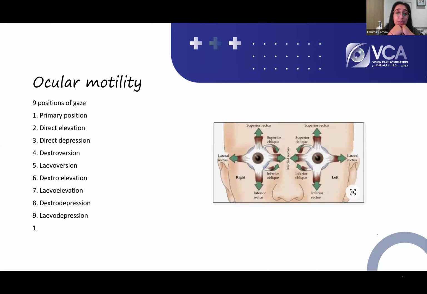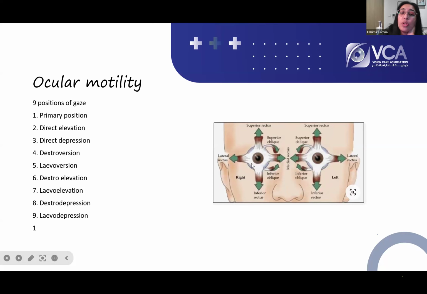How are they doing? If we look at this diagram over here, when we're looking in up gaze, so direct elevation, we're looking at the function of the superior recti. When we're going in down gaze, we're looking at the function of the inferior recti.